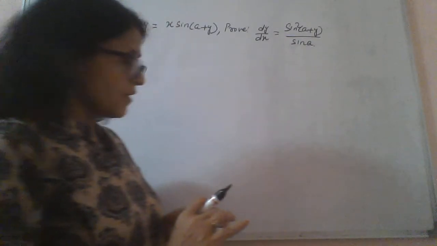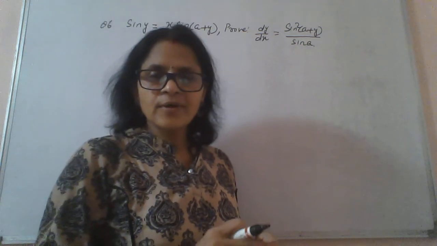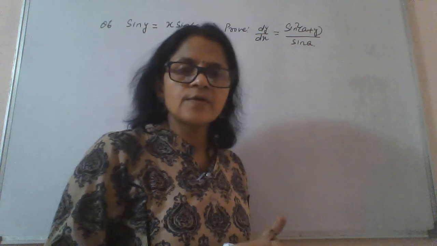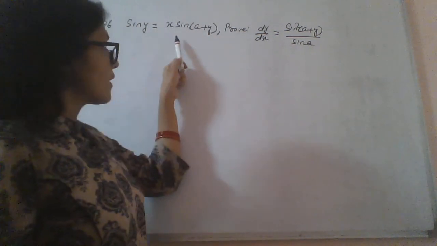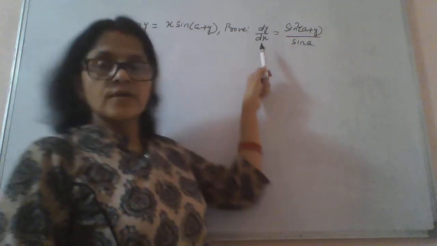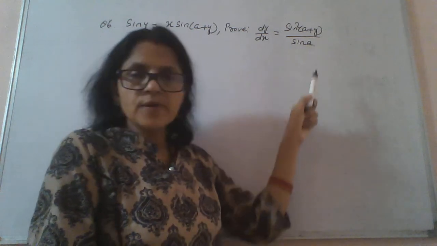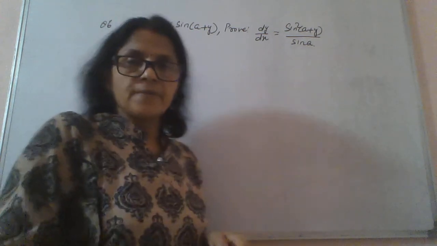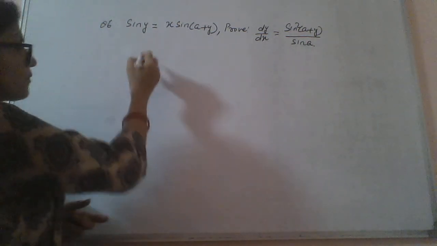So next question, it is one of the important questions. I have taken it from previous year board questions. So sin y equal to x into sin(a plus y). Prove that dy by dx equal to sin square(a plus y) by sin a. Okay, so this is a bit different type of question.